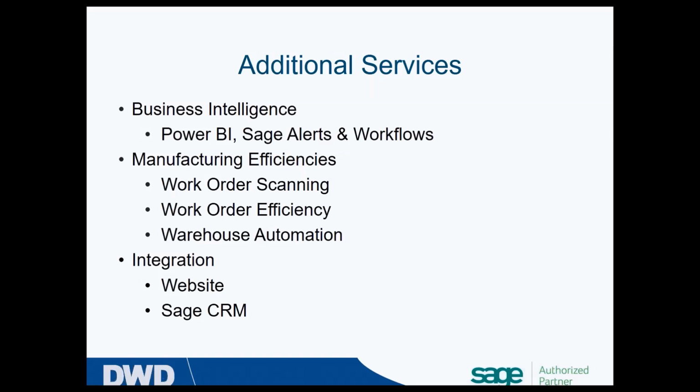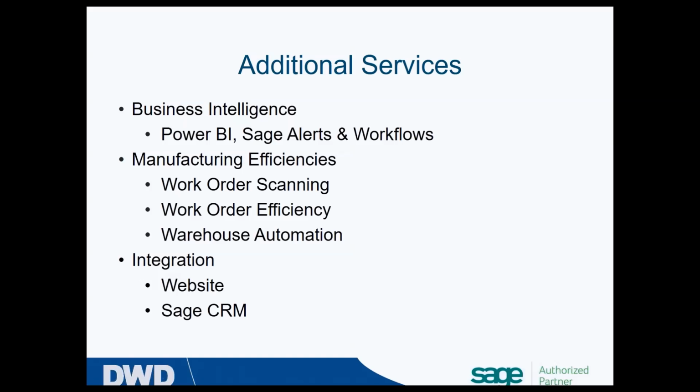Some additional things that we do, and as we've been growing, we've been expanding our base of capabilities. We can help you with business intelligence. That's kind of the new buzzword these days. We can help you with reporting tools such as Power BI and Sage Alerts and Workflows. For those of you who are working in the manufacturing world, we've got manufacturing efficiencies that we can help you integrate.